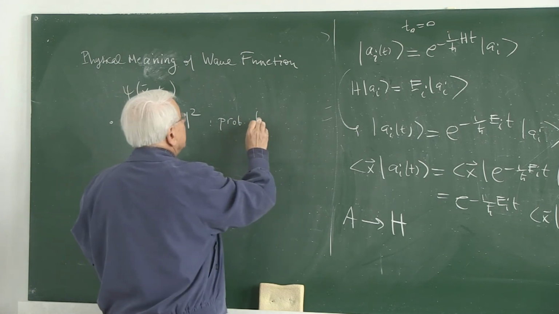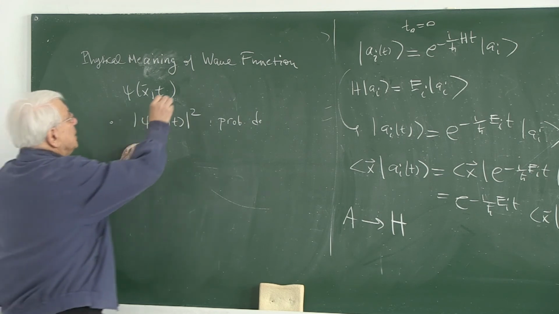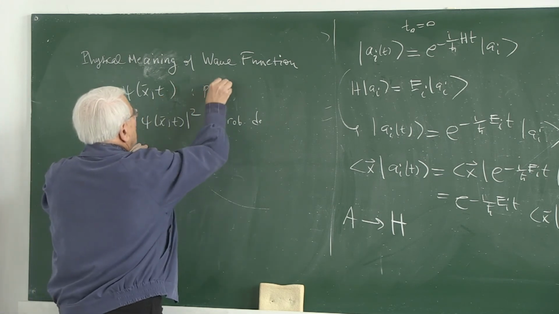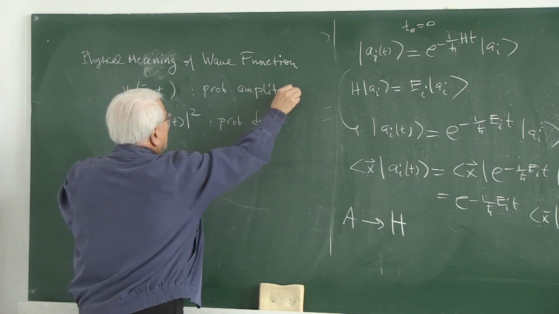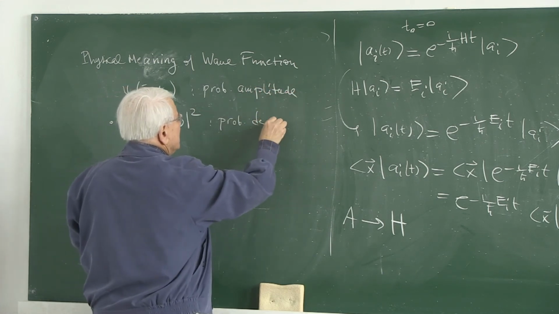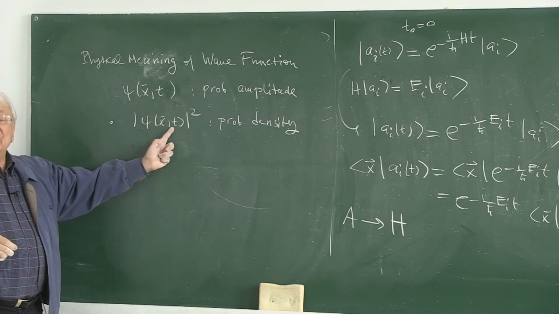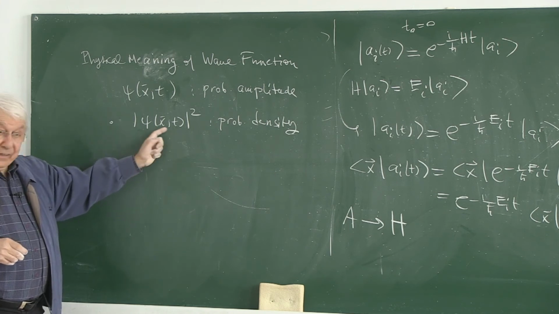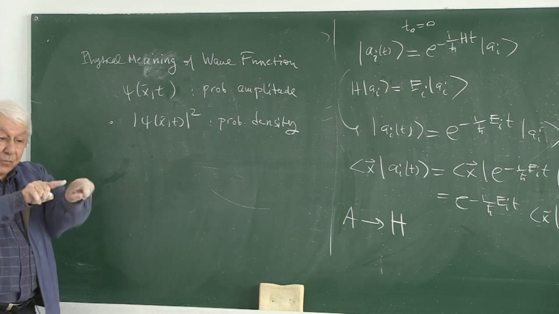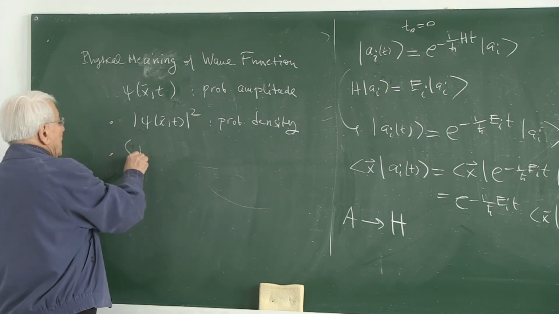Psi itself is the amplitude, the probability amplitude. And this is the probability density of finding the object at time t at point x in a unit volume around that x. And it is normalized.